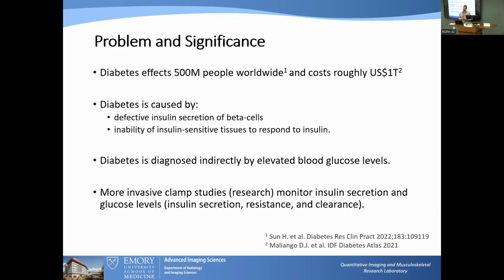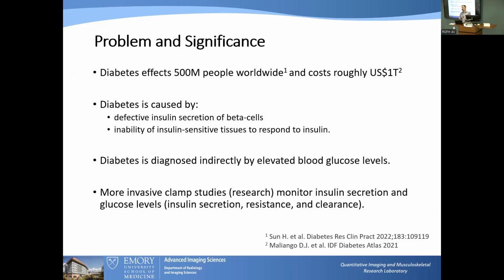So it's limited. Even the most advanced methods that we typically use in research studies, like clamp studies, for instance, that monitor insulin secretion and glucose levels simultaneously at high time resolution, still involve a variety of factors such as insulin secretion, resistance, and clearance. So it's a combined effect of things happening at the system level that influence those measurements.